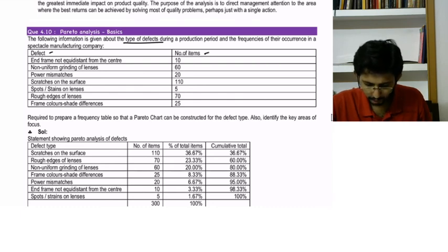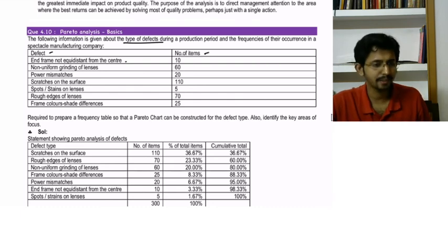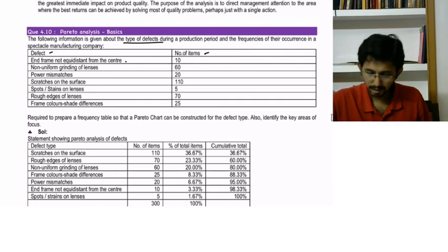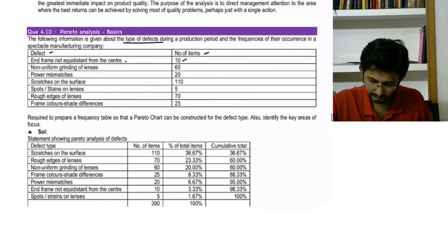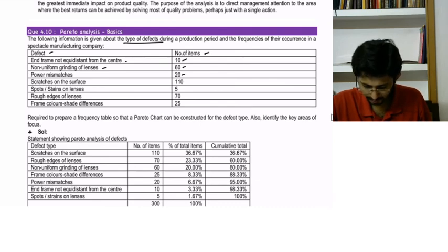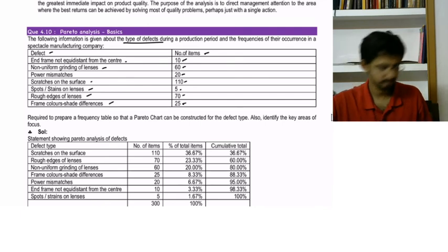End frame not equidistant from the center, 10. Non-uniform grinding of lenses, 60. Power mismatches, 20. Scratches on the surface, 110. Spots or stains on lenses, 5. Rough edges of lenses, 70. And frame color shade differences, 25.